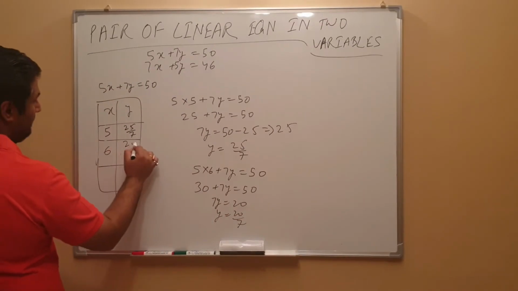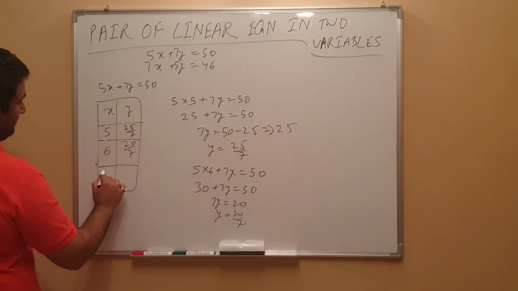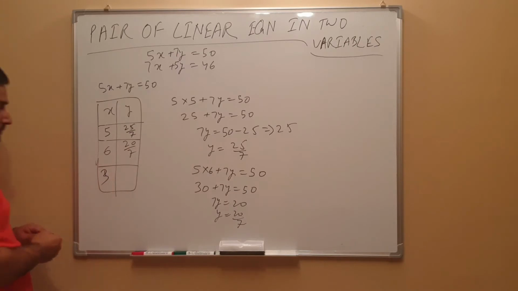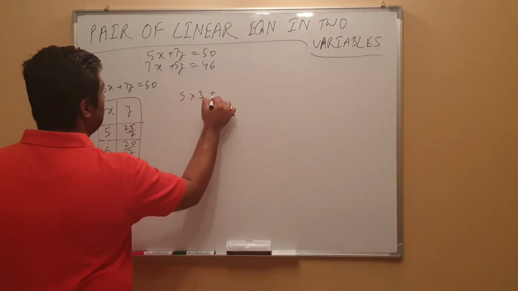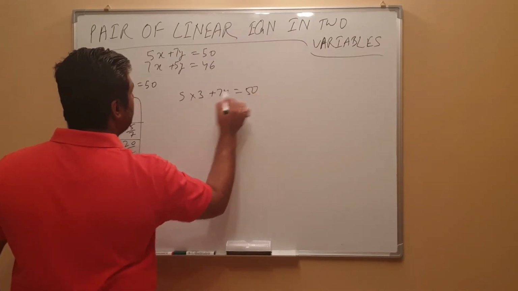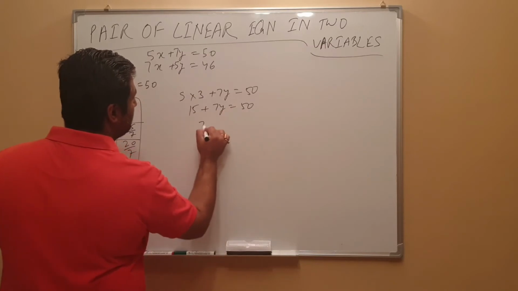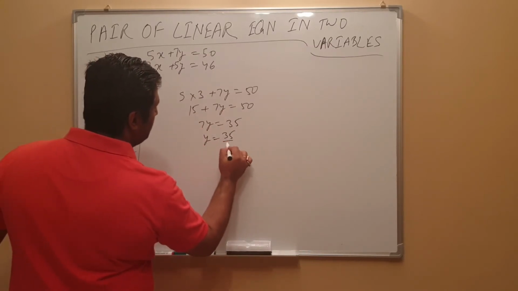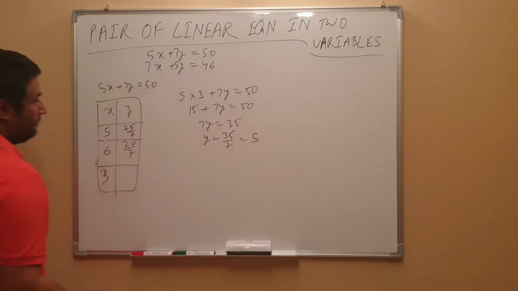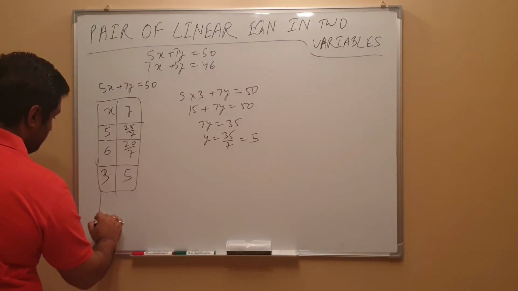Now in place of x let's say 3. Then 5 times 3 is 15, plus 7y equals 50. So 7y equals 35, and y equals 35 over 7, which gives you 5. So I'll get y as 5.